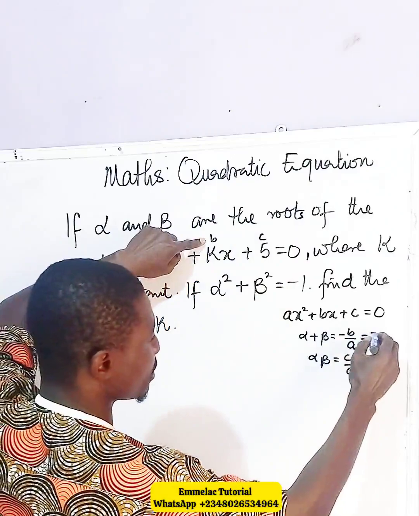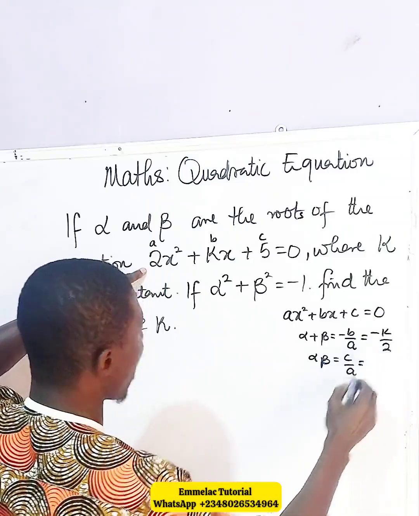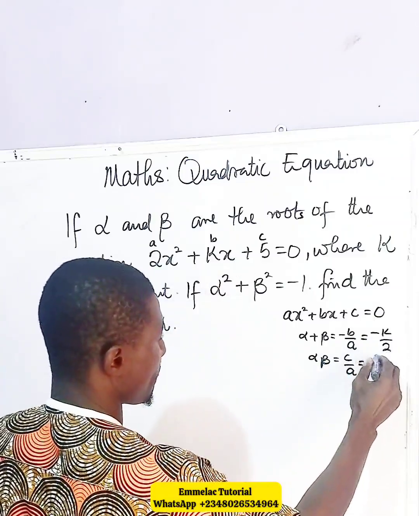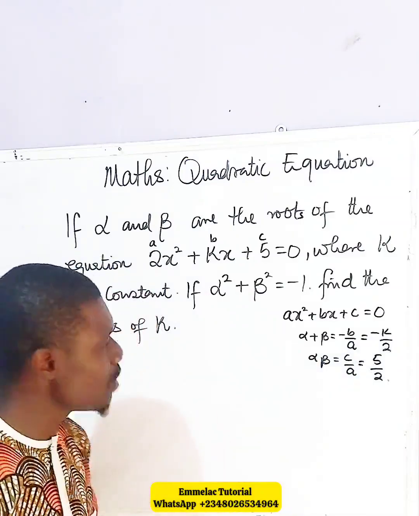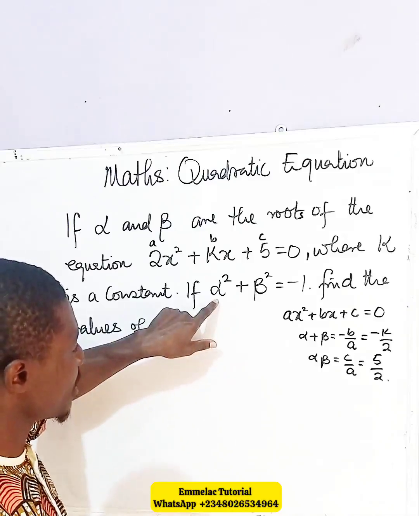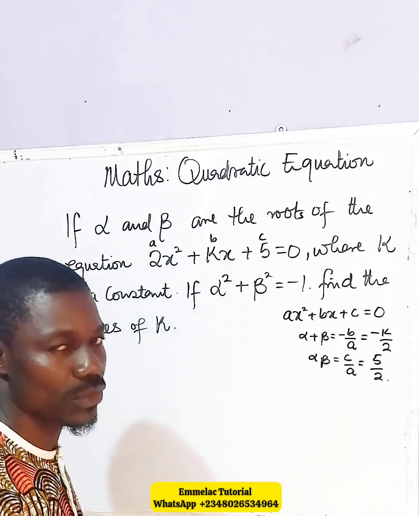So here we have minus k all over a, which is 2, and here our c is 5 all over 2. However, we are given that alpha squared plus beta squared equals -1.